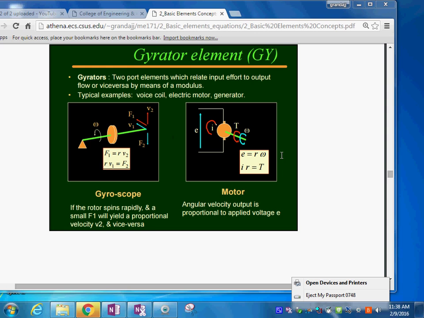And this is the input side, so E2 is the input times R prime equals F1. It transforms this effort into a flow. Okay, that's what this is saying, see the equation.